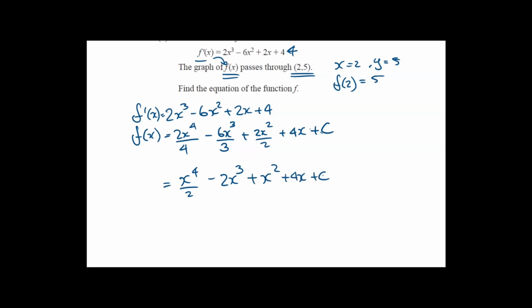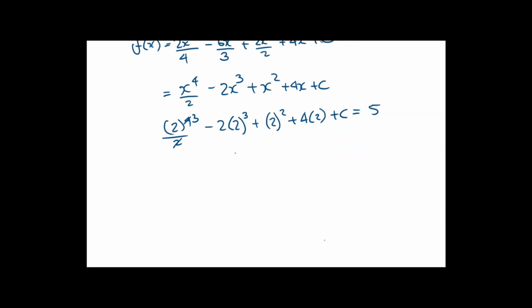Okay. Yes, all good. So now what I'm going to do is put in 2 where we have an x. So 2 to the power of 4 over 2, minus 2 times 2 cubed, plus 2 squared, plus 4 times 2, plus c, and that's going to be equal to 5. So let's move this down a bit.